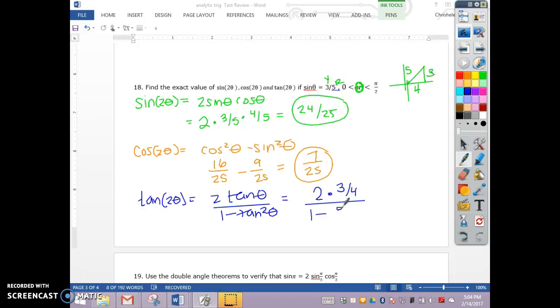Tangent squared would be 9/16. So that's 6/4 over, now make this one a 16 over 16. So that's 7/16. Take this fraction, flip, multiply. Cancels to a 4, so 24/7.